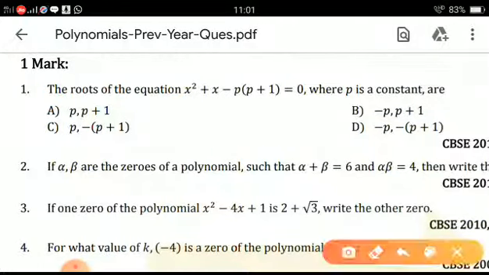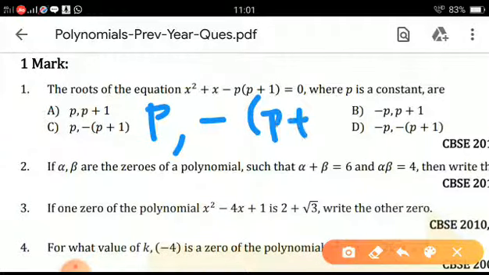Now the second is minus p comma p plus 1. So which numbers should satisfy? Just the opposite of the given zeros, so p comma minus of (p plus 1). For this, p into minus of (p plus 1) is nothing but the same product.